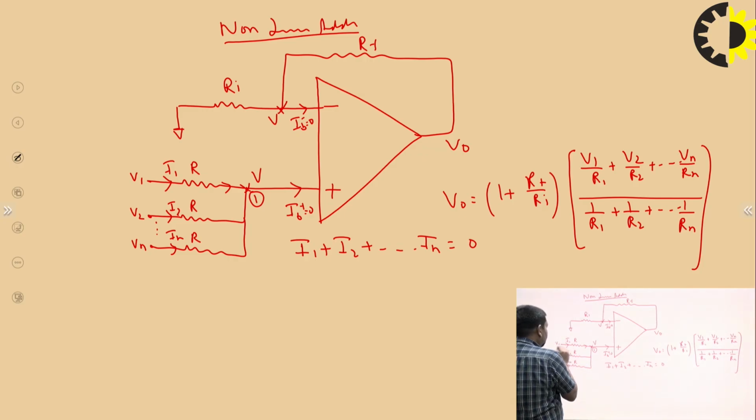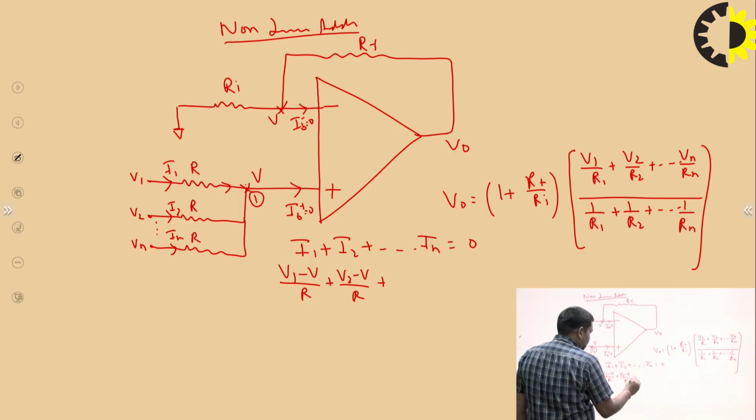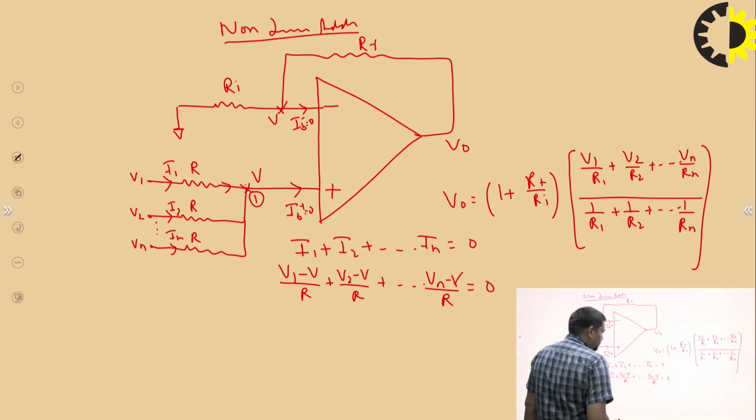I1 is the potential difference over R, so V1 minus V upon R plus V2 minus V upon R plus up to Vn minus V upon R is equal to 0.